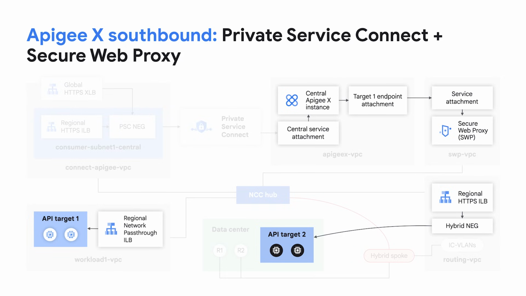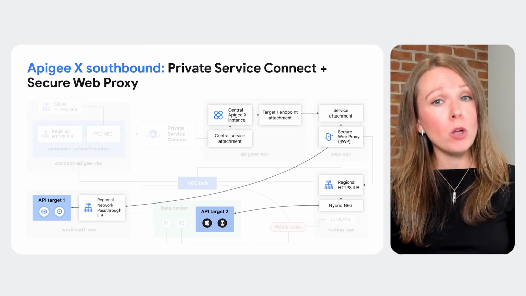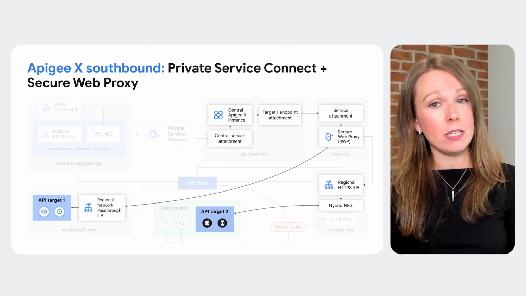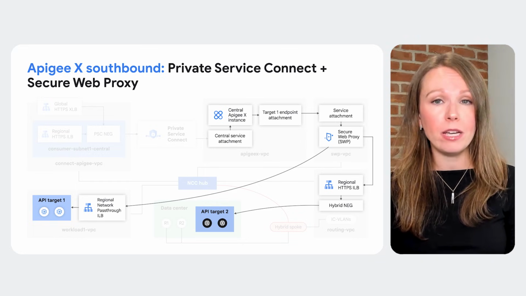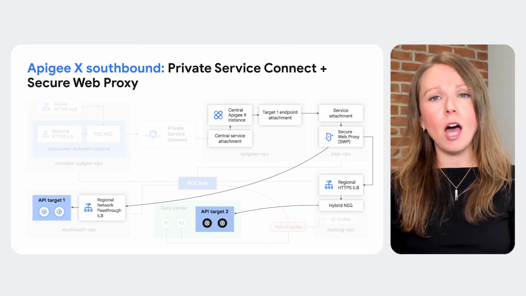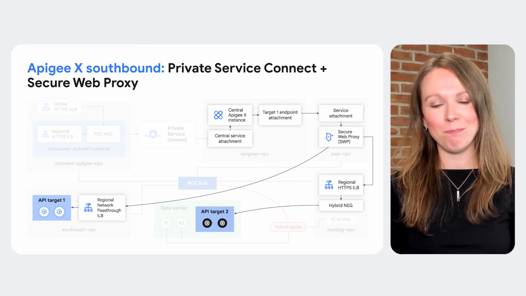Expose your secure web proxy through a service attachment, configure an endpoint attachment in Apigee, and set an Apigee global forward proxy to point to this endpoint attachment. Secure web proxy will now proxy all traffic coming from Apigee and will use DNS in the VPC where secure web proxy is deployed to send traffic to the API target destination. This option simplifies the routing overhead into a single southbound service setup.